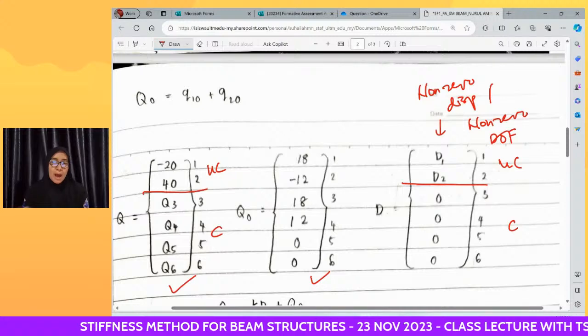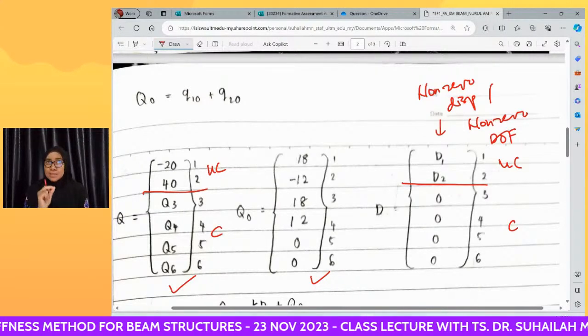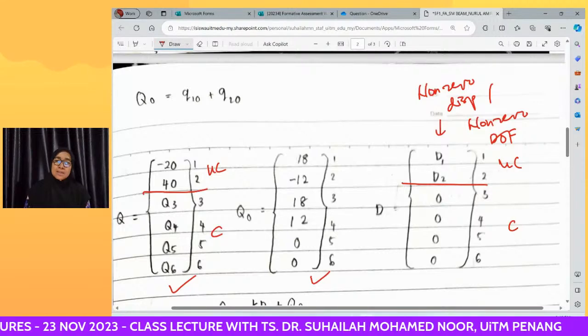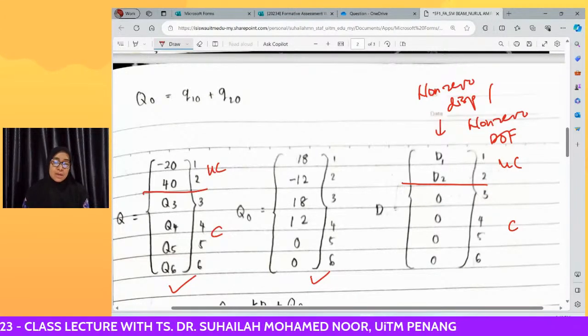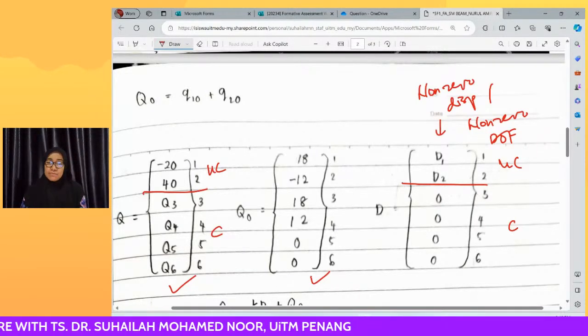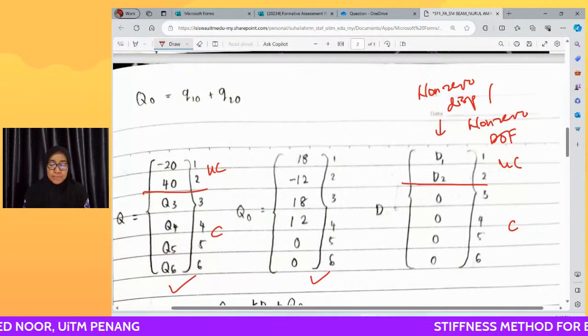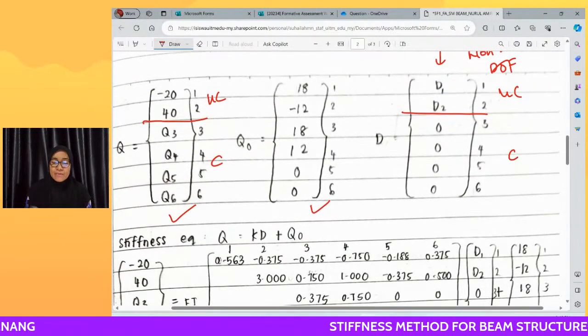However, there is a condition where the value in the constrained system is not zero, whenever there is a support settlement.